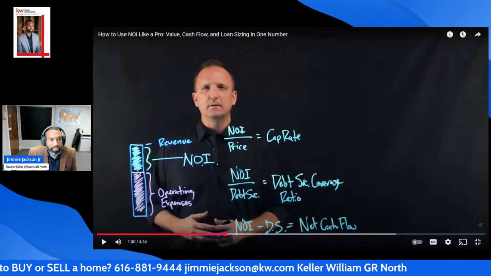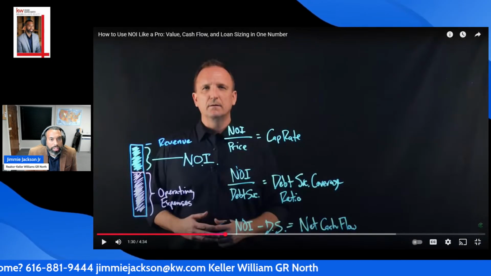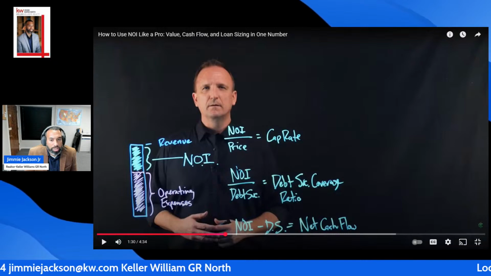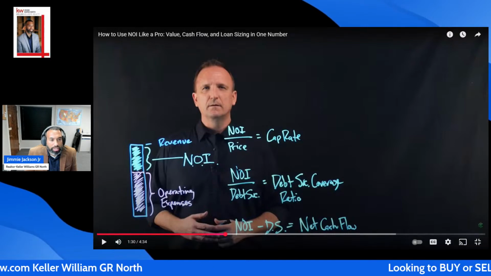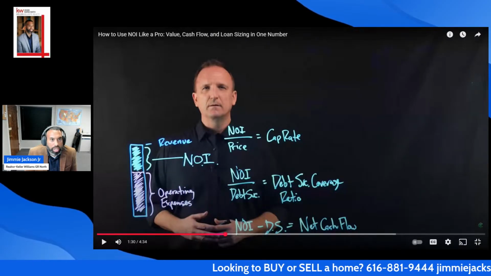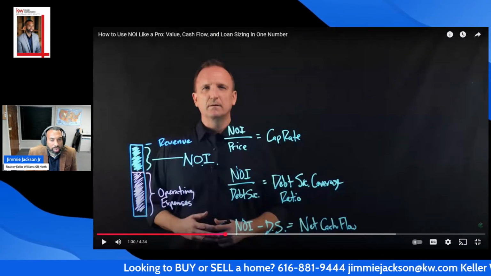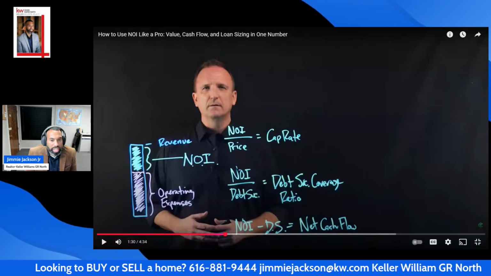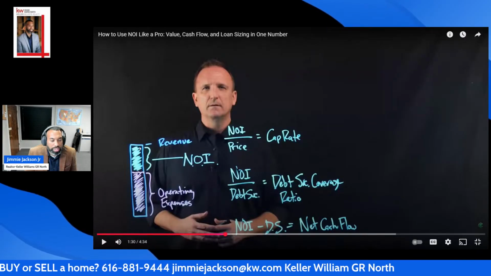So go online, find a commercial property. You can even find a residential property and practice with this as well, as long as you have an NOI, cap rate, a debt service coverage, and a net cash flow, you can figure this stuff out.